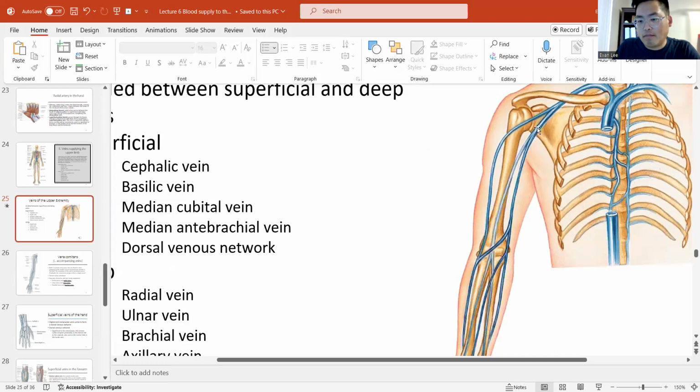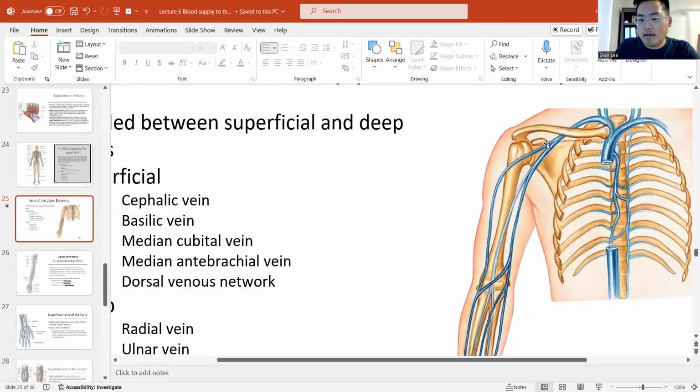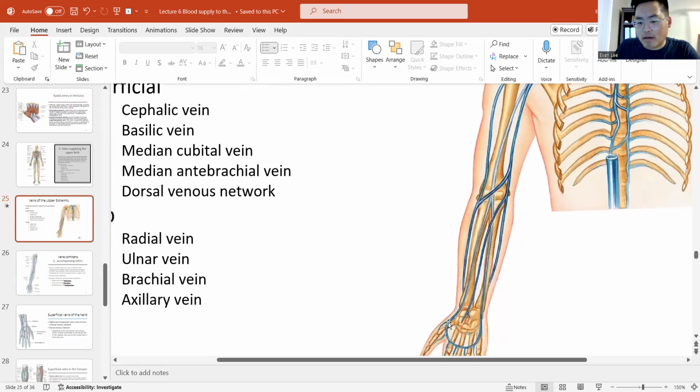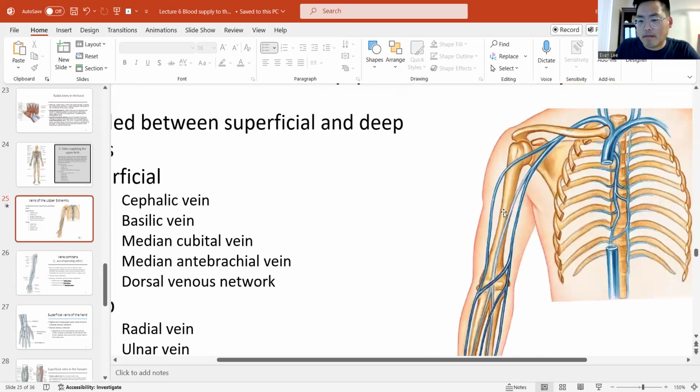If you follow the axillary vein and continue up, right before it goes under the clavicle to form the subclavian vein, the cephalic vein, which started all the way down here, goes up the forearm, up the elbow, up the arm. This is going to go into a very particular place between the deltoid and pectoralis major, but ultimately join with the axillary vein right near the end of it.